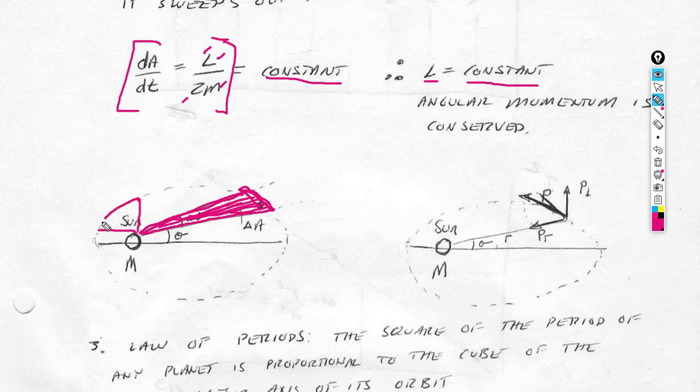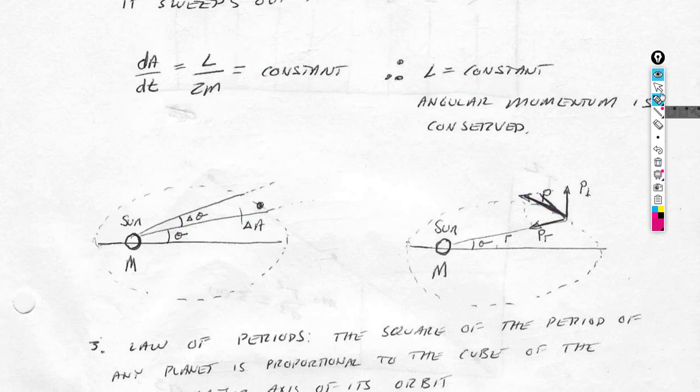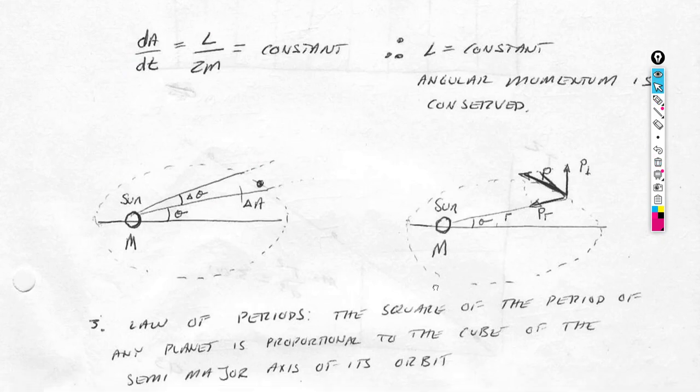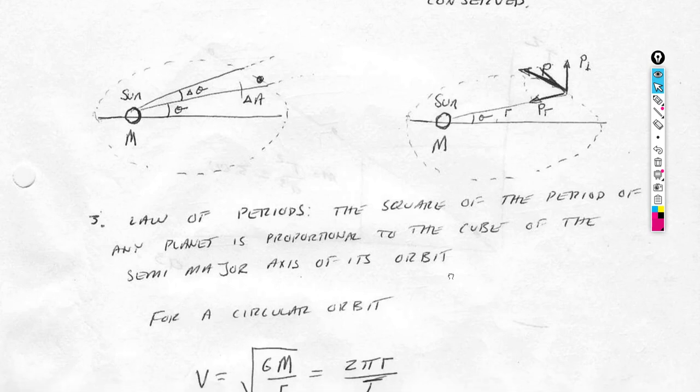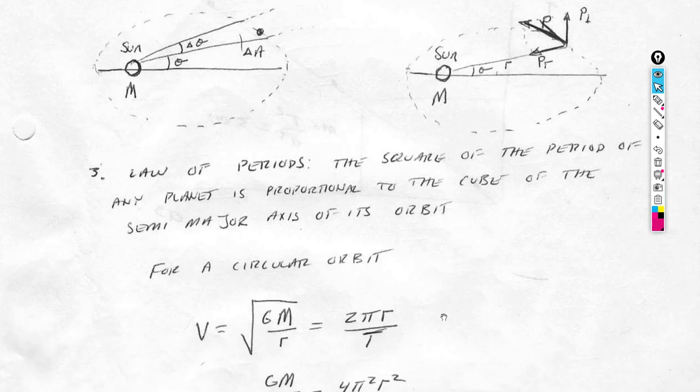This would be moving faster and you still get the same area. Now, when we're talking about momentum, you have P perpendicular, P radial, and then P pointing tangential at some point in time. The whole point is that even when we're not in a circle, angular momentum is conserved. So angular momentum does not have to be in a circle.